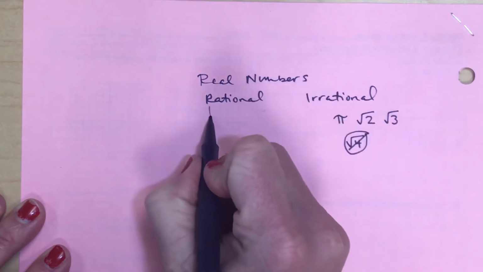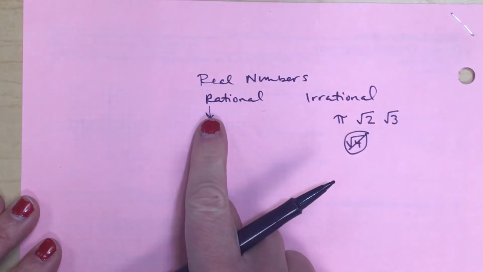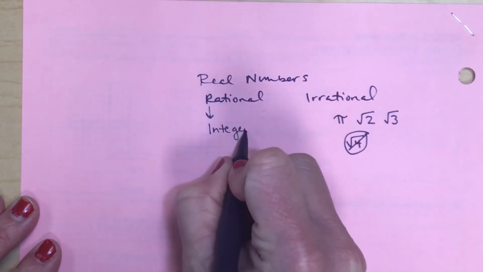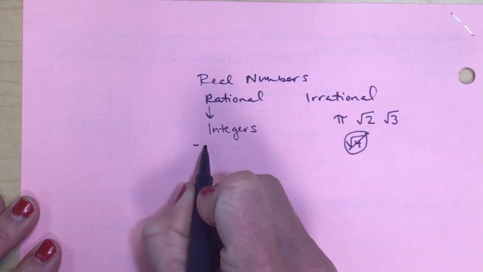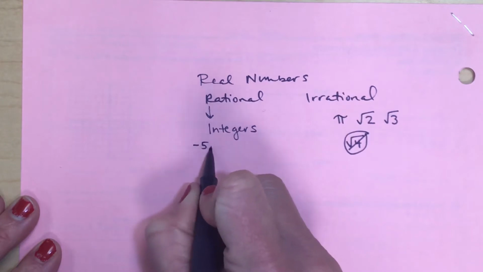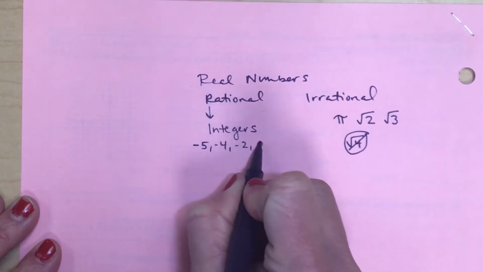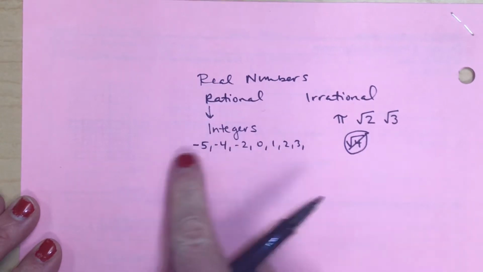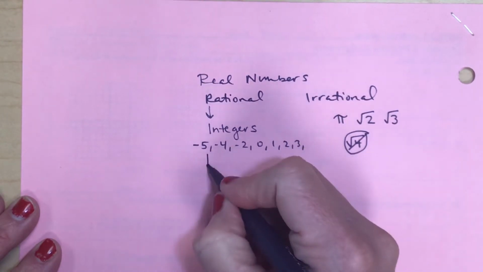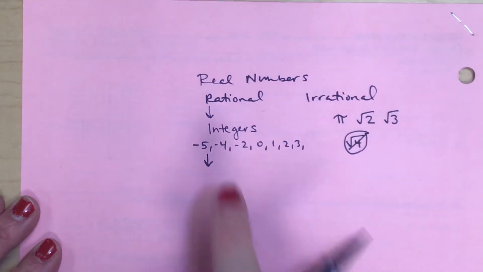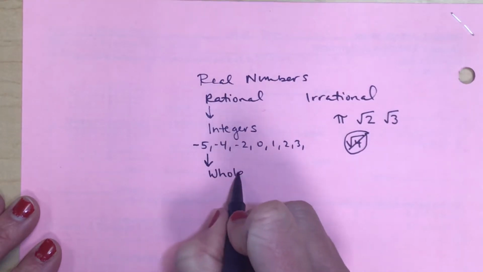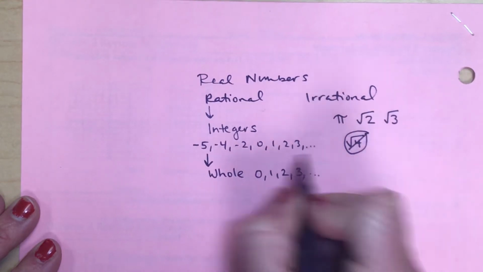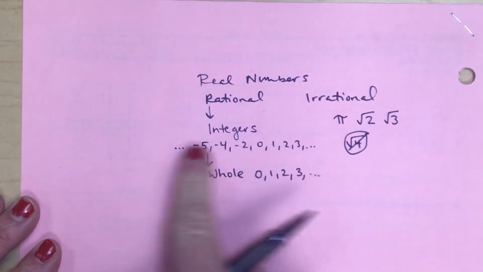Now within rational there are non-fraction numbers which start in the category called integers. These are all of your negative numbers like -5, -4, -2, 0, 1, 2, 3, all the numbers that are whole, negative or positive. Within integers is a smaller subgroup called whole, and that starts at 0 and strictly goes up. I should put a couple dots here to let you know that that keeps going.